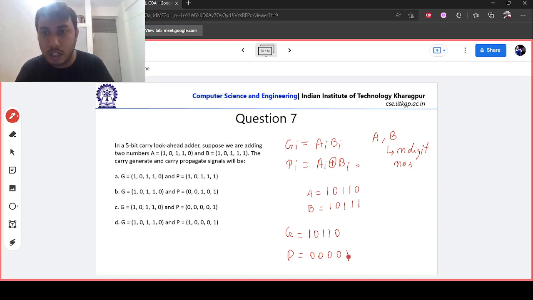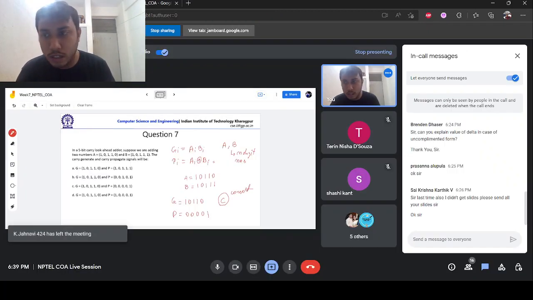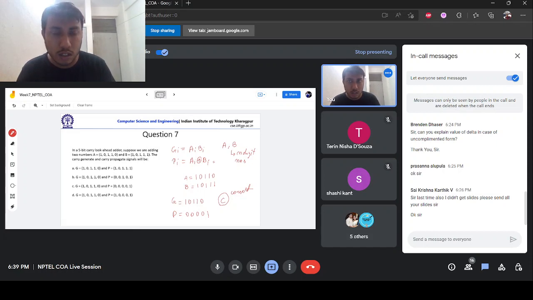So this will be the propagate signal. So which of the options is correct? Option C. Any doubt? You can ask if you have any question regarding this.